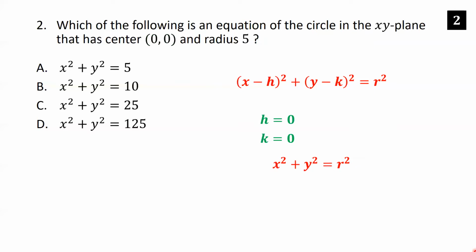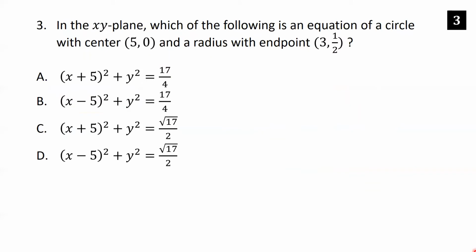And we might as well just simplify that, right? We don't need to write those zeros. We could just write that as x squared plus y squared equals r squared. Okay, and well, the radius is 5, so let's just go ahead and put that 5 in, and 5 squared is 25, so that gives us an answer of choice C.